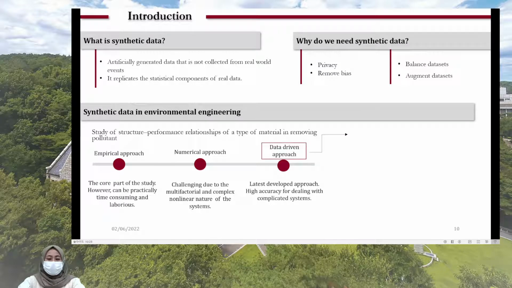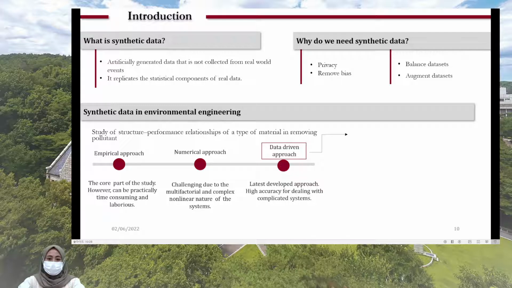And then for application in environmental engineering, most of the time we can find studies where a type of material is used to degrade the pollution in wastewater. In this case, we can study the relationship between material properties and its ability to degrade pollutants using a machine learning model.